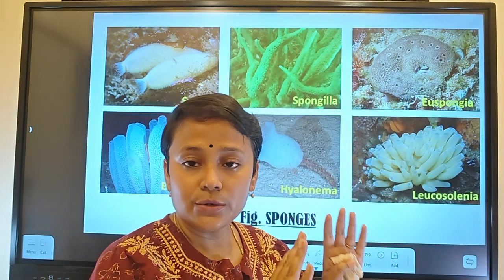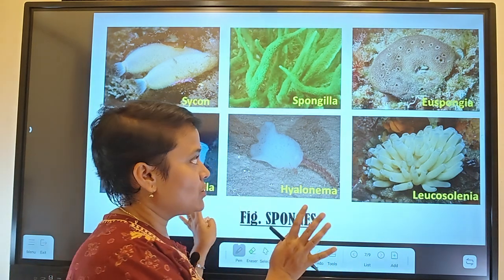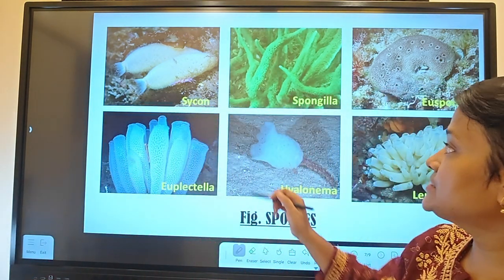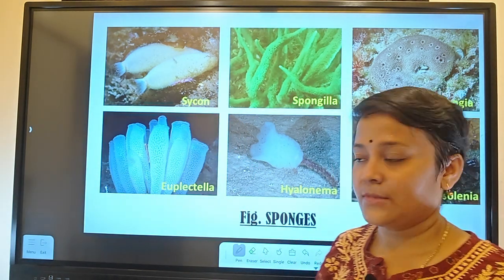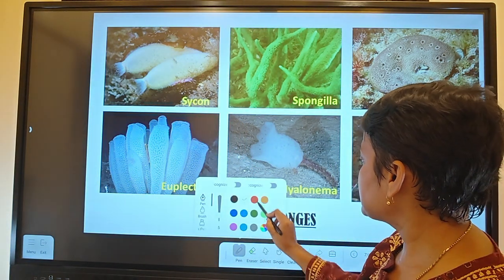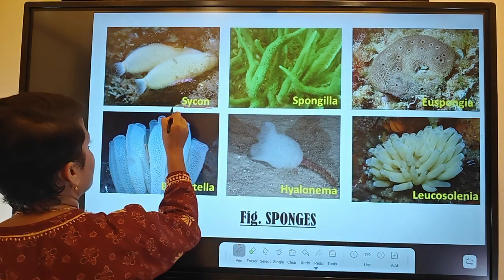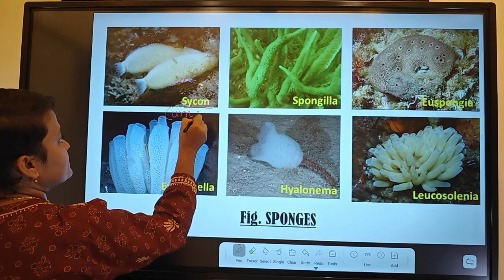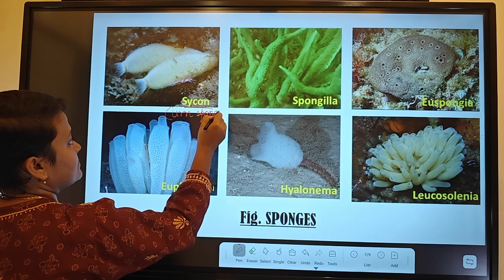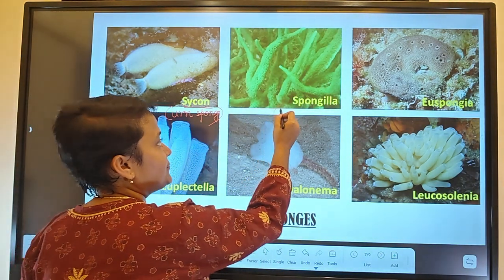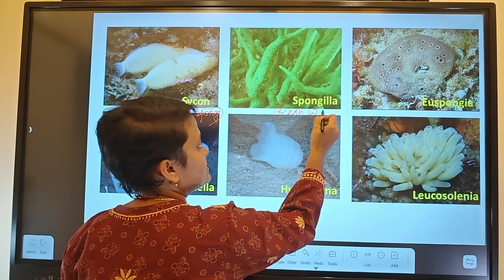So if you see the picture, then you can recollect easily. So first one is Scypha. Scypha is also called urn sponge. Coming to Spongilla. This is a freshwater sponge.